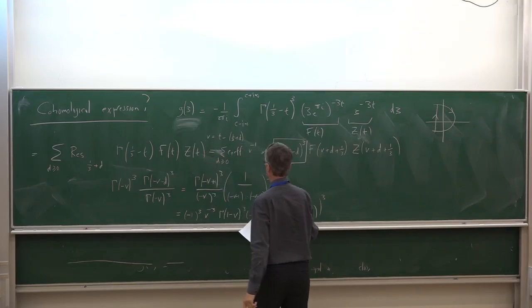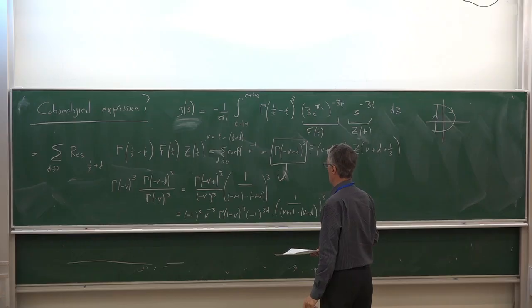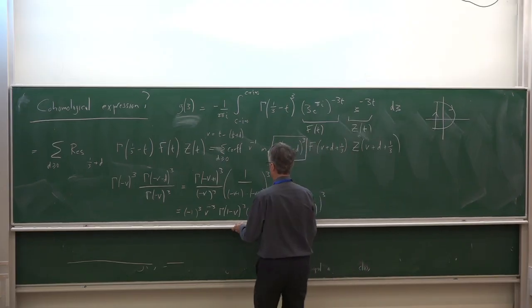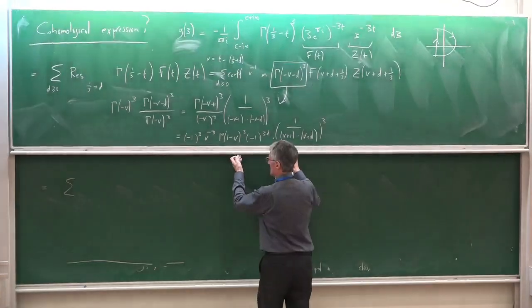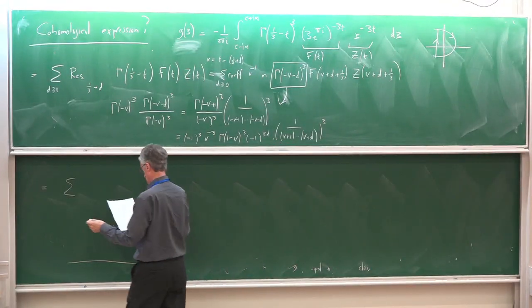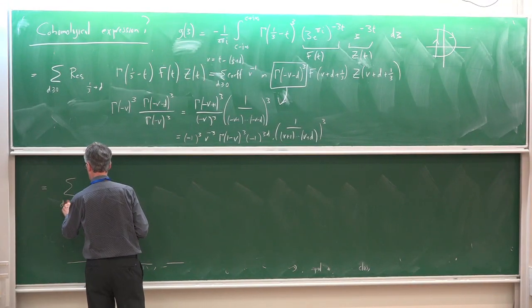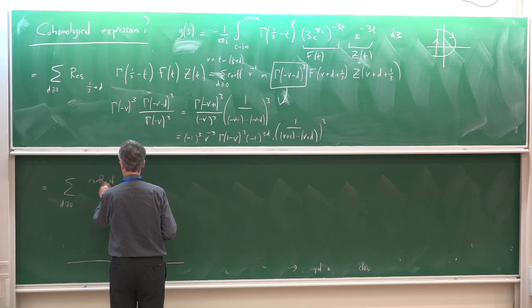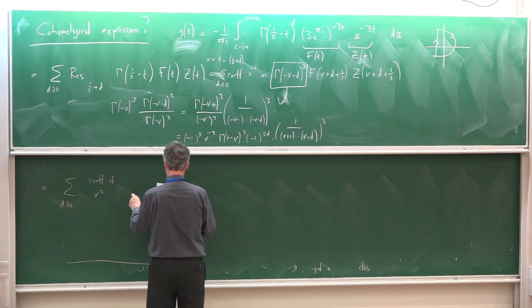So d is not changed, right? d is going from 0 to infinity. So this is the coefficient of the v squared of the rest, right?